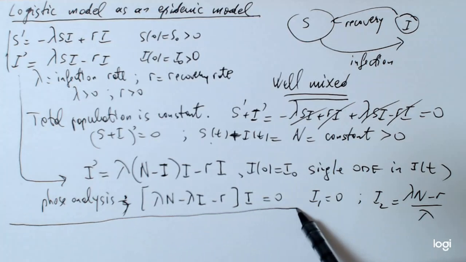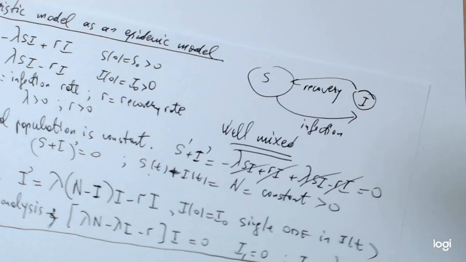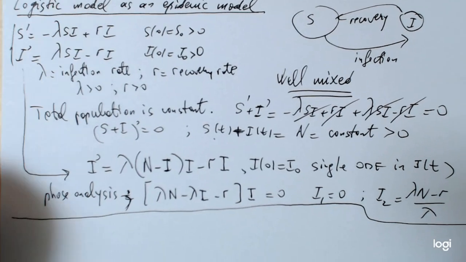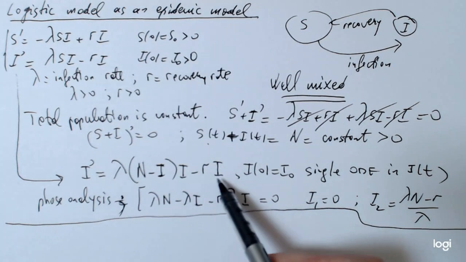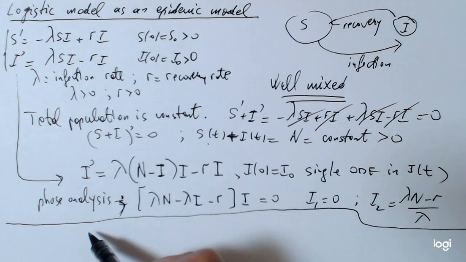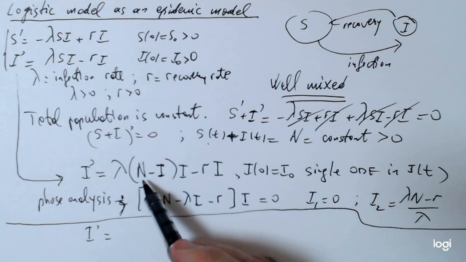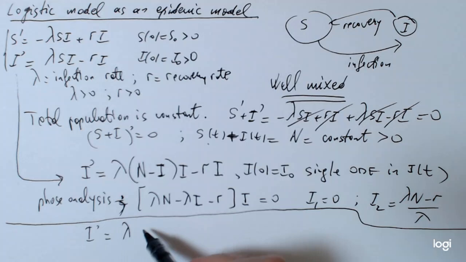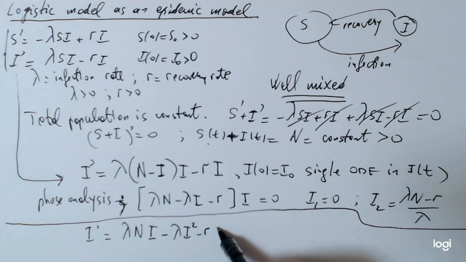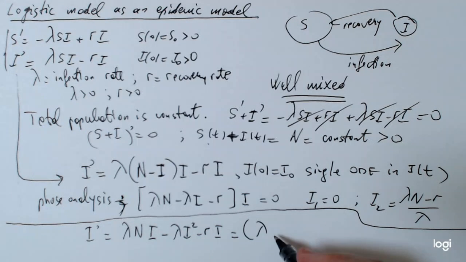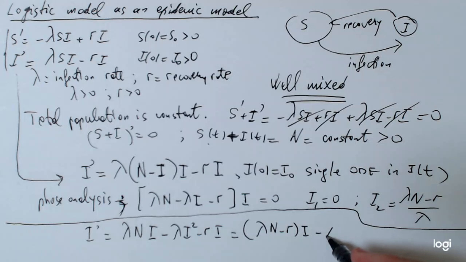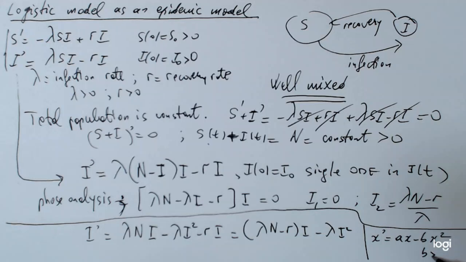So I'm not going to do phase analysis right now. I just want to show you how this equation compares to the logistic one. Well, if you look carefully, if you distribute these constants, you have lambda N I minus lambda I squared minus R I, and if you factor I, you should basically recognize it as an equation of the form I talked about in the previous part, which suggests logistic equations, especially if b is greater than 0.